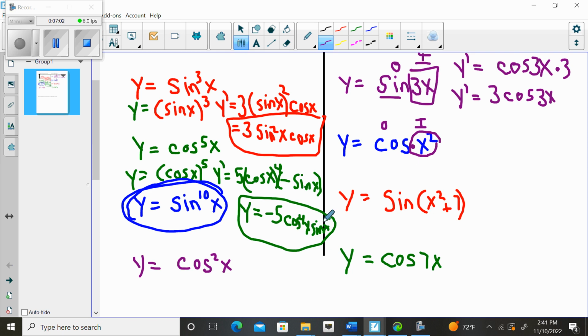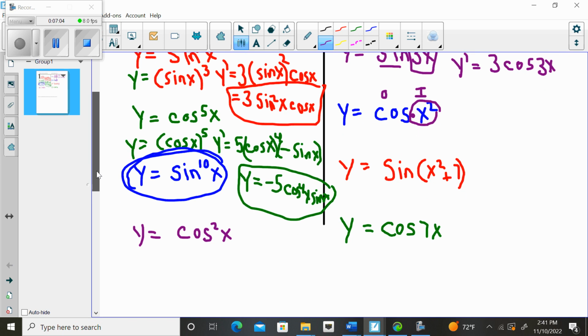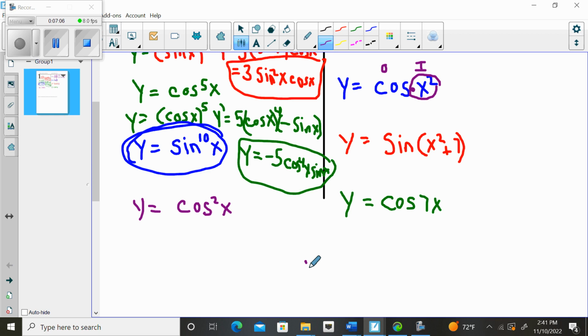If I wanted you to use the product rule and multiply x squared times cosine, first of all, the x squared would go in front of the cosine because that's the proper way to write it. And then the cosine would have to have an angle, so I'll just make the angle x. So this is saying x squared times cosine of x.